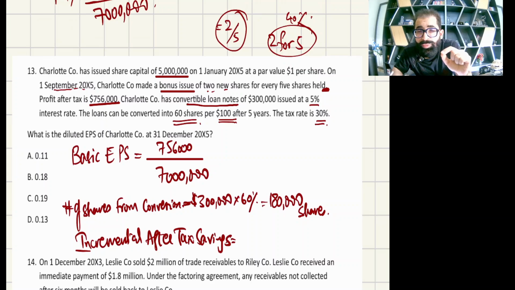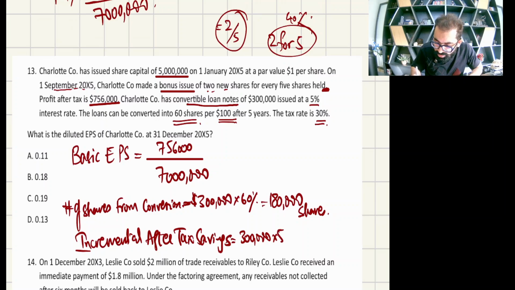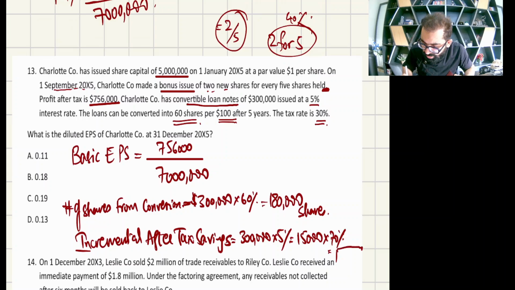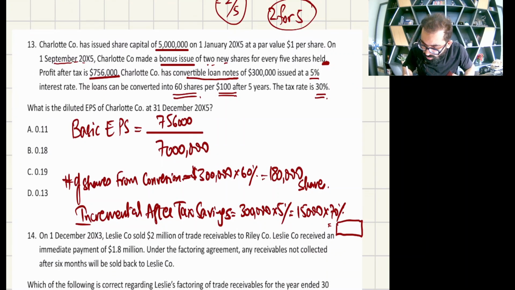So you need to calculate incremental after tax saving. 300,000 is your loan amount, multiplied by the 5% interest rate, so 15,000 is the interest saved. So your profit will go up by 15,000, but the tax department will charge 30%. So only 70% will come into your pocket. So your incremental after tax saving is 10,500.